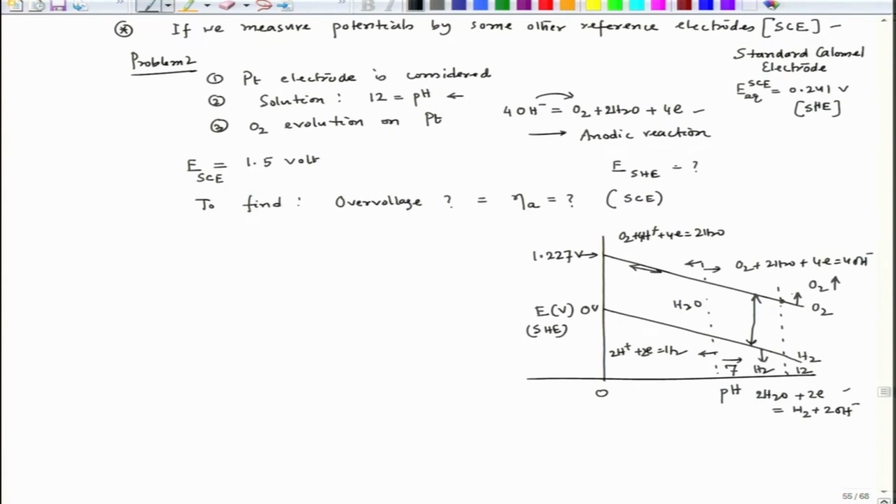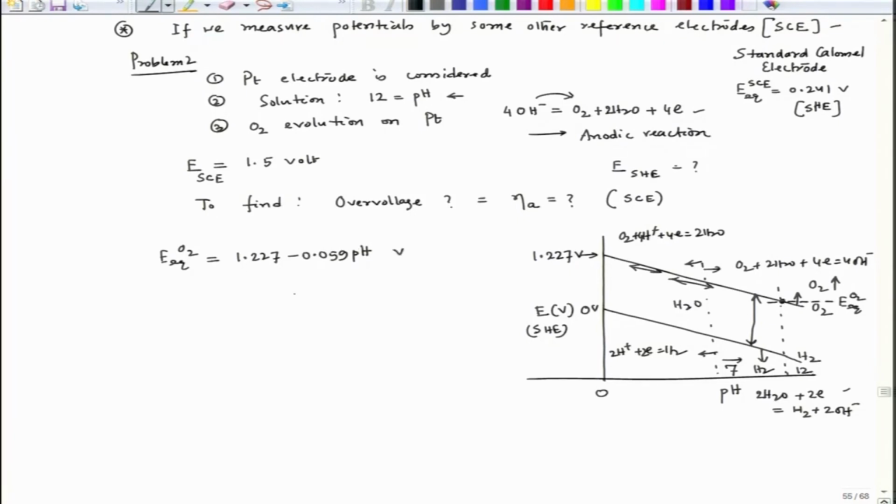So, we have to first consider the equilibrium potential at that pH. This is going to be my E equilibrium for the O2 reaction. We know the equation governing this particular line, which is 1.227 minus 0.059 pH.